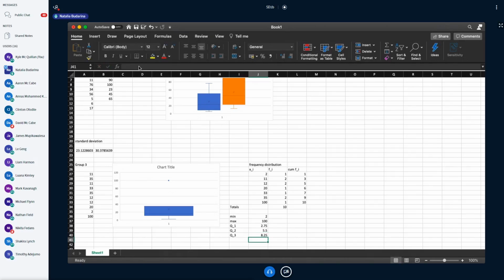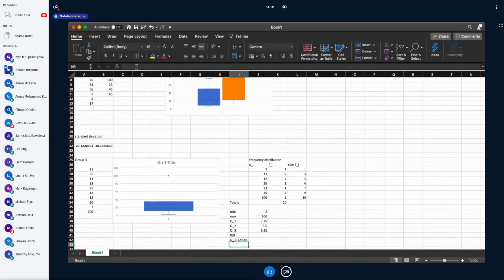And the next value will be IQR. Next will be Q1 minus 1.5 IQR. And next, Q3 plus 1.5 IQR.